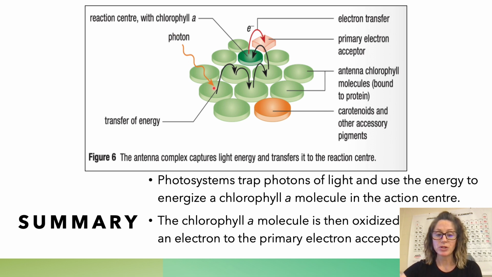They use energy passing from chlorophyll to chlorophyll and ultimately activate chlorophyll A in this reaction center. The chlorophyll A molecule is then oxidized as it donates an electron to the primary electron acceptor. And we're going to see all of the specifics of these reactions in the upcoming lessons.